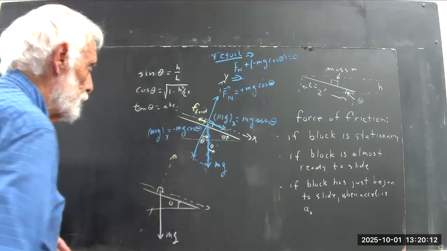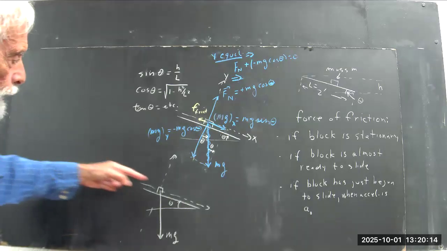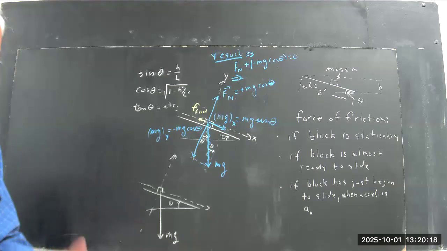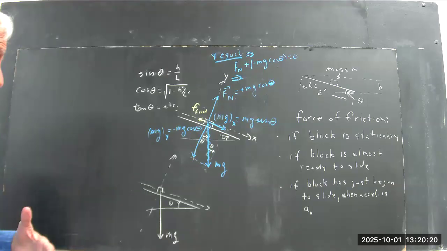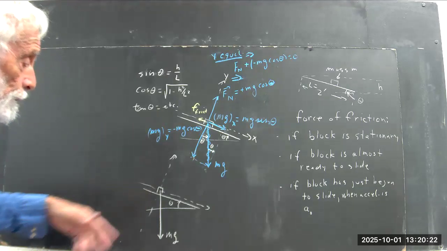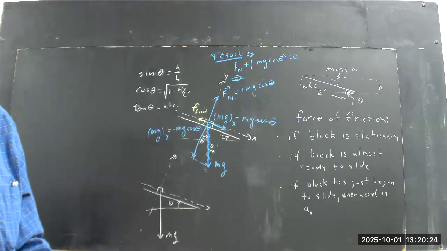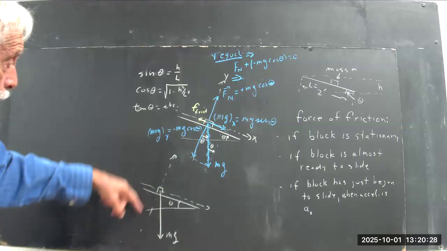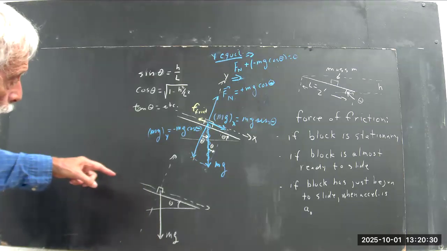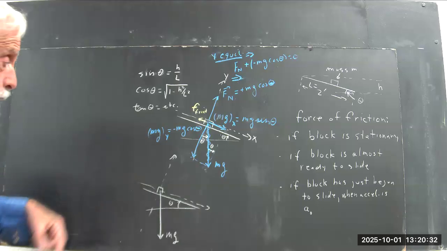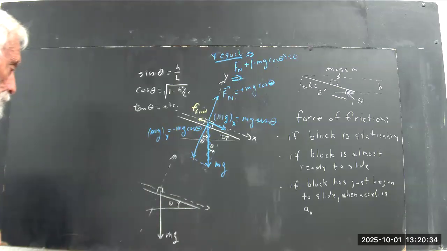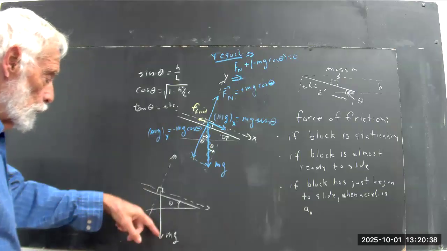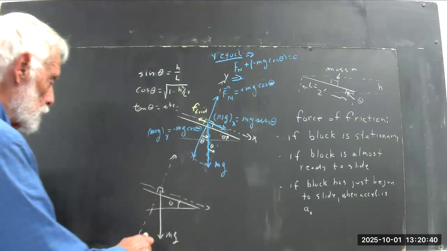Now, why is that? It's so that the x-axis is the direction of any possible motion, and the y-axis is a direction in which there's no motion. So you have equilibrium in the y direction, and maybe you have equilibrium in the x direction, and maybe you don't. Now, you know you have one force, gravity, acting downward.